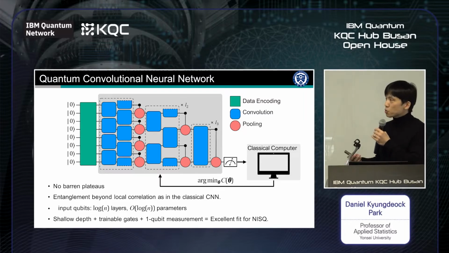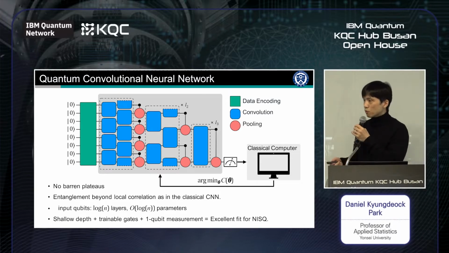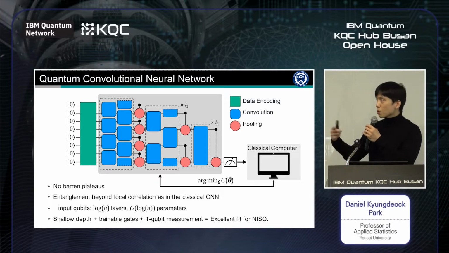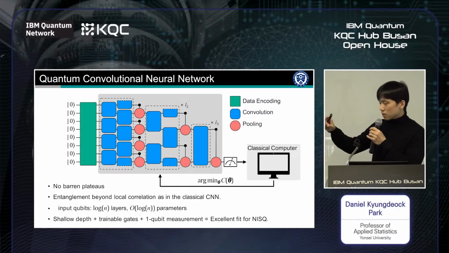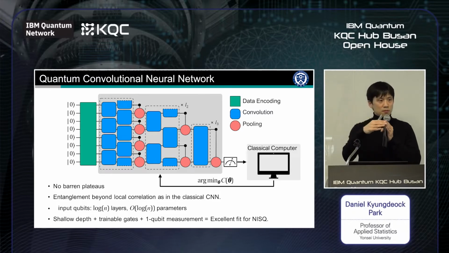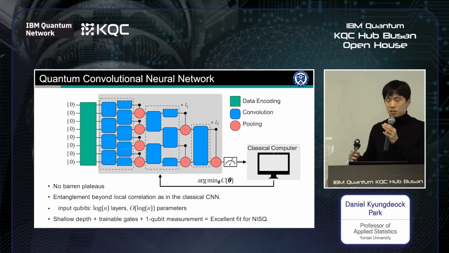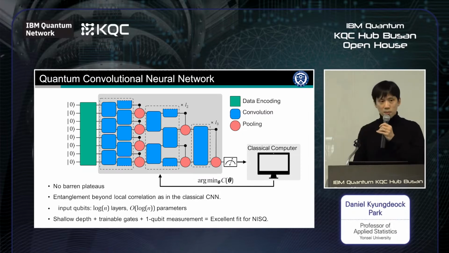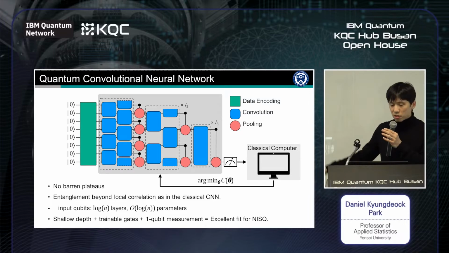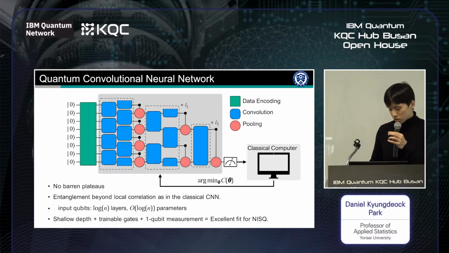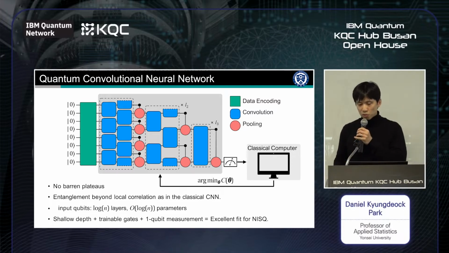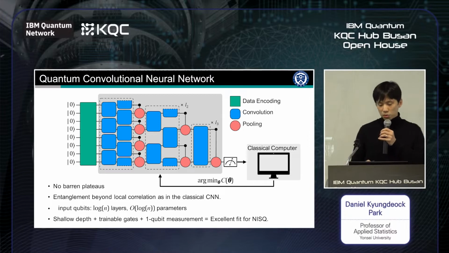And usually the number of qubits we need for encoding classical information is also logarithmic in the number of features in the classical data. So the number of model parameters relative to the number of features in the classical data is a double logarithmic, much smaller number of parameters that we have to optimize. So it's an extremely compact model for machine learning. It has a shallow depth, we train the gates, and it only requires one qubit measurement. So we thought this is an excellent fit for near-term noisy intermediate-scale quantum computing.